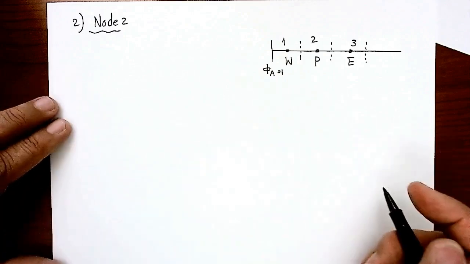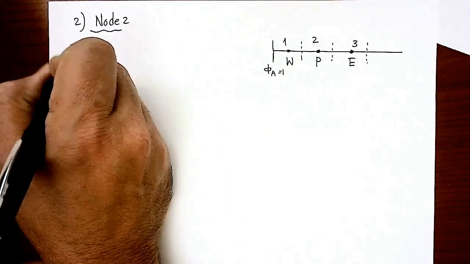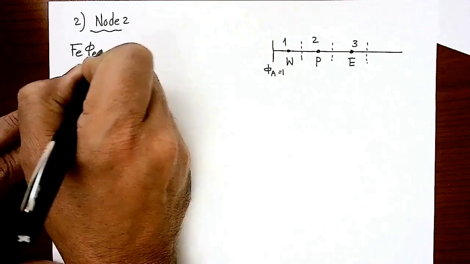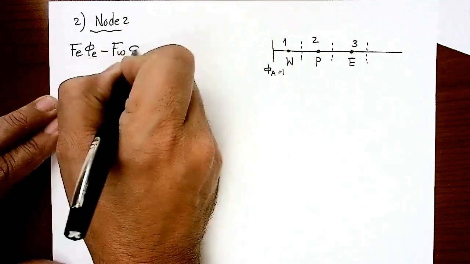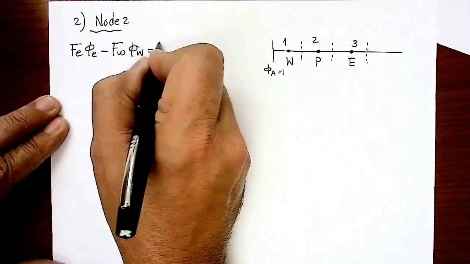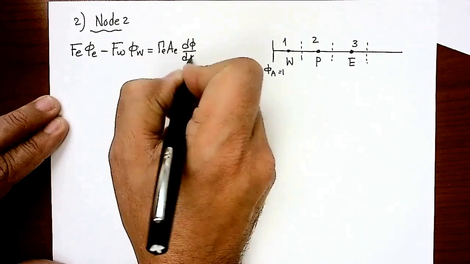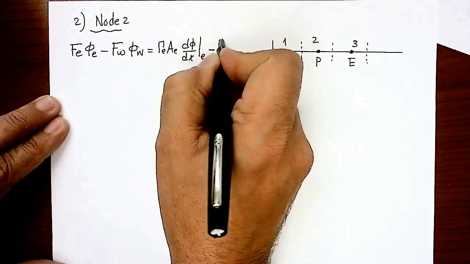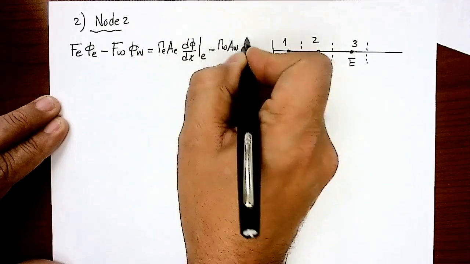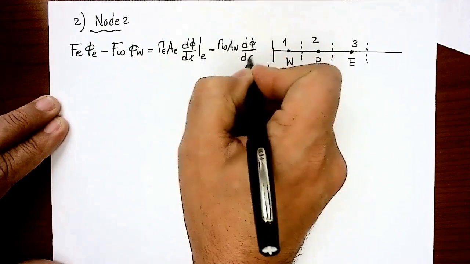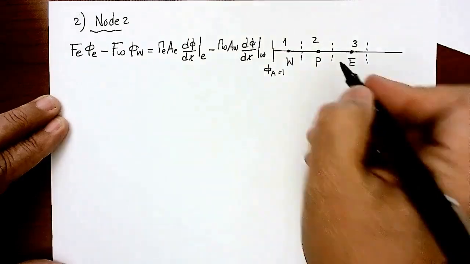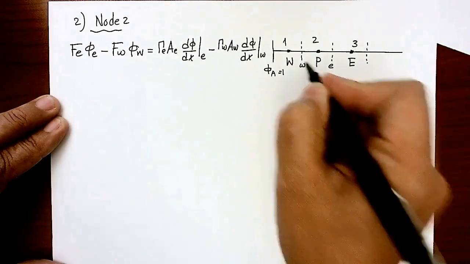Again, I'm going to have the same equation: F east phi east minus F west phi west equal to kappa east A east d phi by dx on the east face minus kappa west A west d phi by dx on the west face. This is my east face, this is my west face.